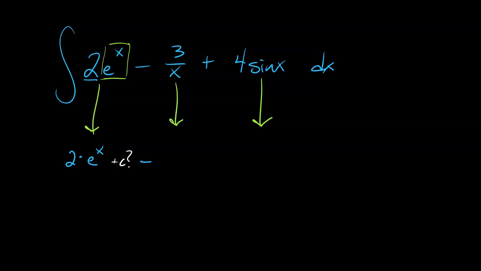Alexandre, any thoughts on how to integrate 3 over x? Very close. Good logic though. So the over x part is kind of, I'm going to guess, where you were trying to come up with ln.